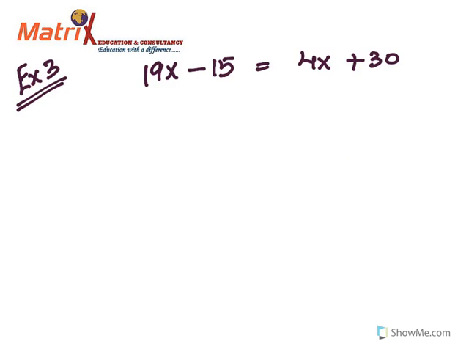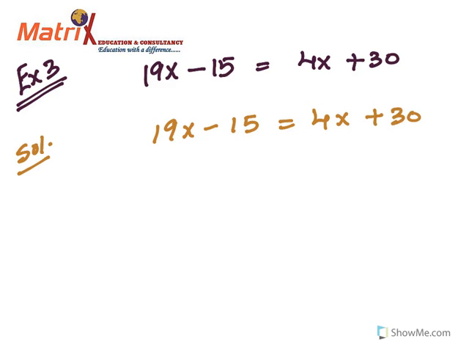Now, this is the previous example that I have taken: 19x minus 15 is equal to 4x plus 30. And now how can we simplify by reducing the steps? When we practice more, we can actually reduce the steps. I don't want to do any cuttings on the original question, so I'll keep this as it is.